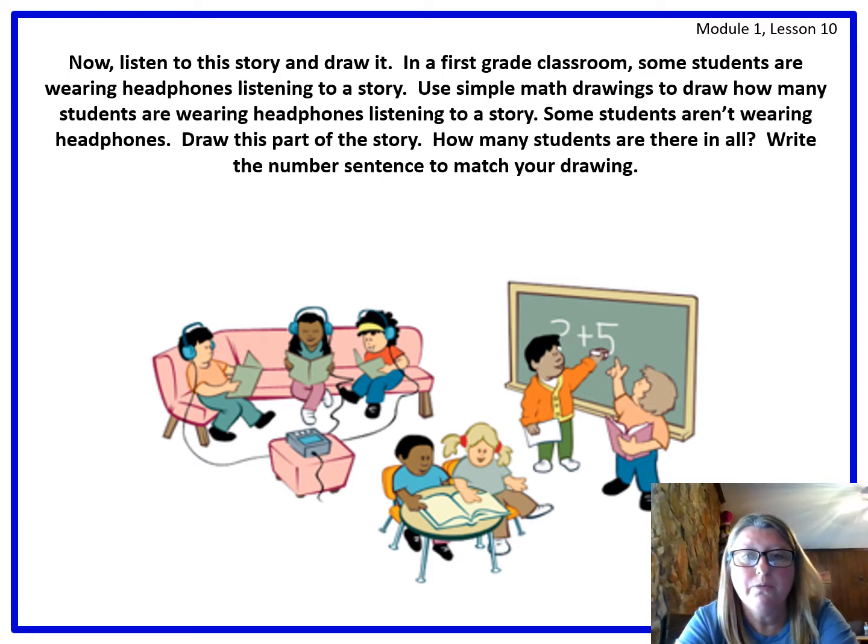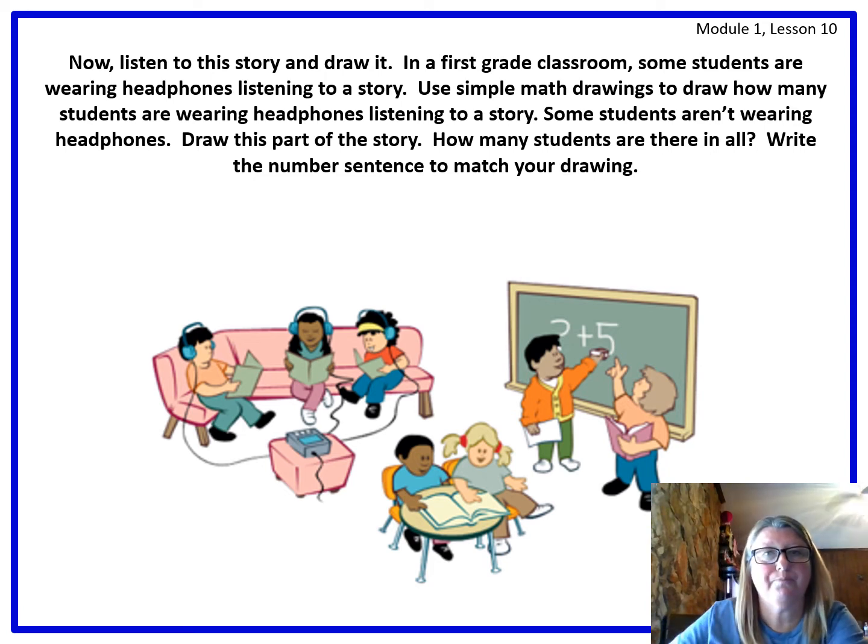You always want to read the whole word problem first before you do anything. So that's what I did. So now we can go back into our word problem and find what we need to do. So it says that in a first grade classroom, some students are wearing headphones, listening to a story.